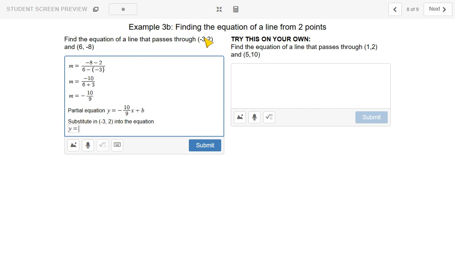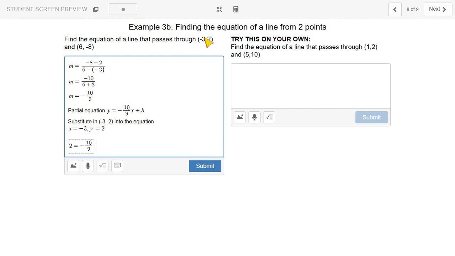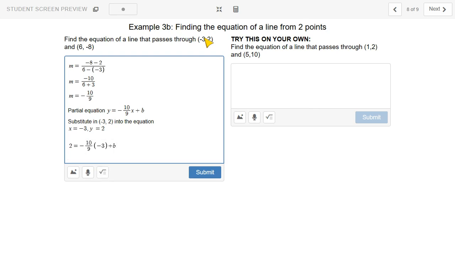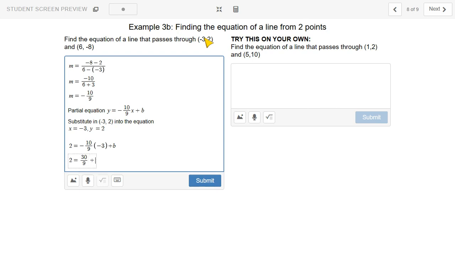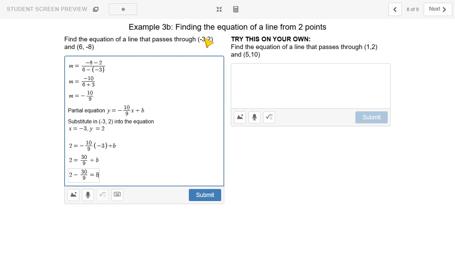We have x is equal to negative 3, y is equal to 2. Okay, let's place that into our equation. 2 is equal to negative 10 over 9 times negative 3 plus b. 2 is equal to positive 30 over 9 plus b. 2 minus 30 over 9 is equal to b.